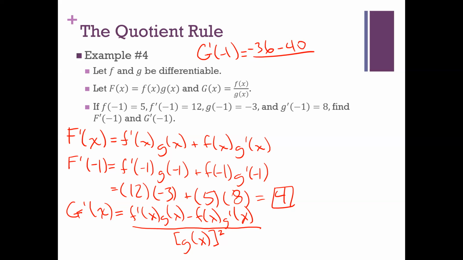All over what? 9. I don't think it's, oh yeah, it is 9, sorry. So that comes out to -76 over 9, which I don't think reduces. Any questions there? All right. The bottom of the quotient was g of x squared, right? G of x squared, yeah. Okay.